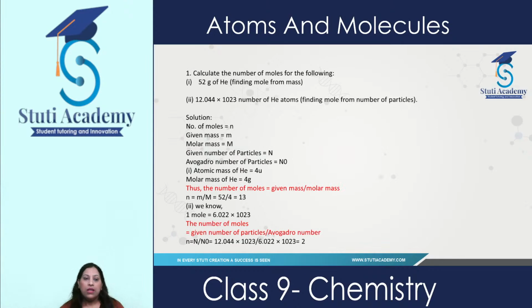Okay, now calculate the number of moles of the following. I'll take an example of one question in which you need to calculate the number of moles. So the first question is 52 gram of helium. See, the number of moles is represented by small n, given mass by small m, and molar mass by capital M. Number of moles is equal to given mass upon molar mass.